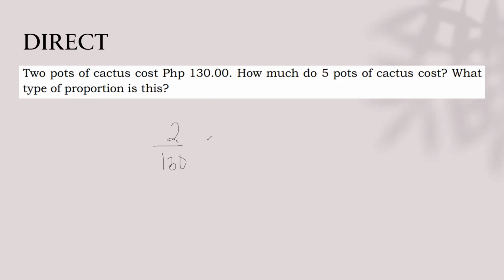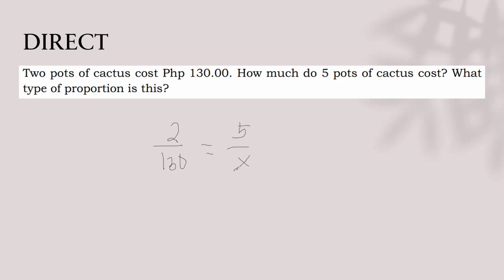Ang dalawa raw ay 130 ay equal sa 5:x. So, ganyan lang po siya isinosolve. Okay? 2:130 equals 5:x. Kung ang nasa taas ay number of pots, ibig sabihin sa kabila, ang nasa taas din ay number of pots. Kung ang nasa baba ay presyo ng pots, dapat sa kabila ay presyo ng pots din ang nasa baba.